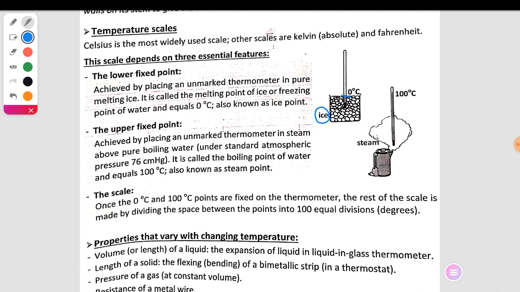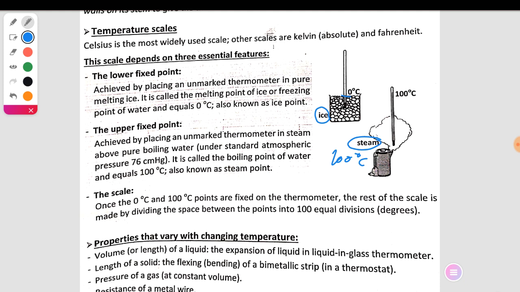Then transfer the thermometer to steam. The temperature of the steam is constant at 100 degrees Celsius, and does not increase. When we heat more than 100, the temperature remains 100. Why doesn't it increase by heating?